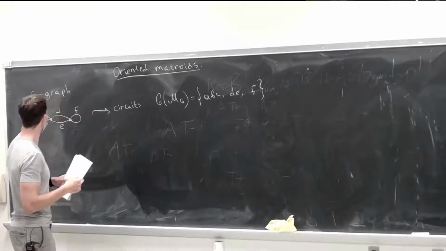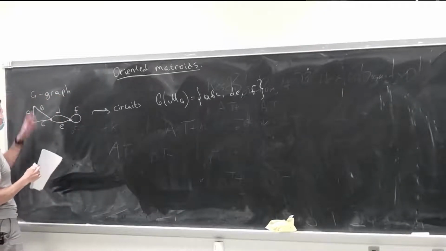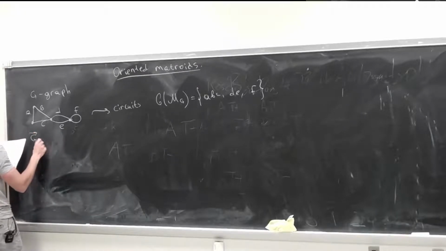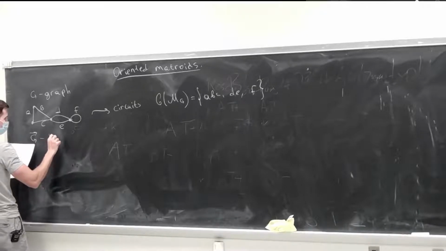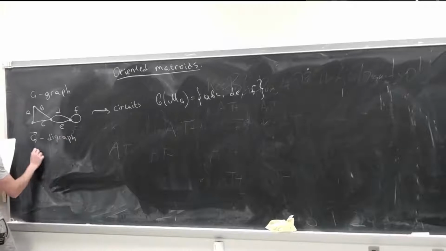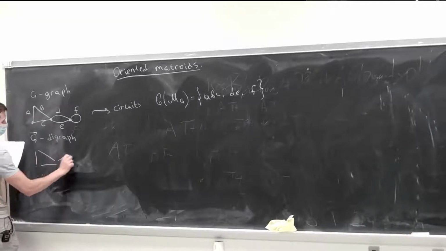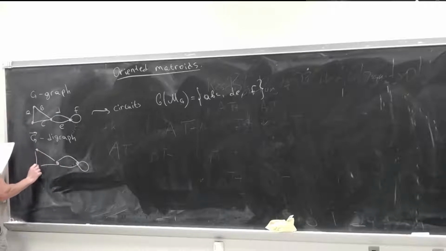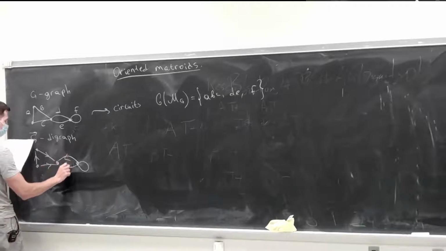Now let's suppose instead that I have a directed graph. When I have an oriented something, I'm going to put an arrow on top of it, so the graph is going to mean a directed graph. Let's say I draw the same kind of graph, but now I choose some arbitrary orientations, like this.